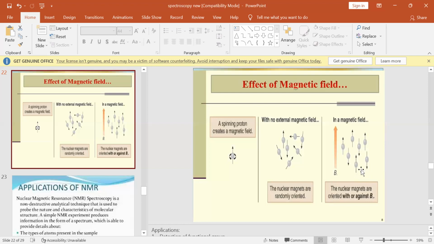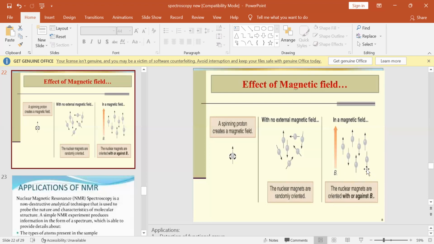Now, in the next step, we apply radio frequency. Once the radio frequency is applied, the nuclear spin transition takes place from lower energy to higher energy. Here the question arises, which one is the lower energy and which one is the higher energy. The protons aligned in the same direction as the magnetic field have the lower energy, and the protons aligned in the opposite direction occupy the higher energy level.